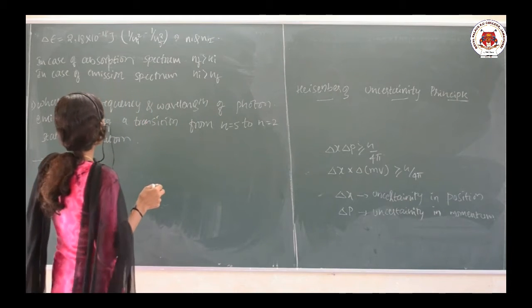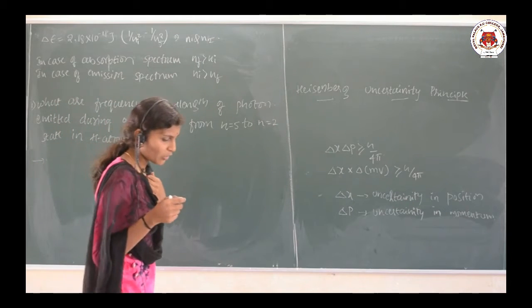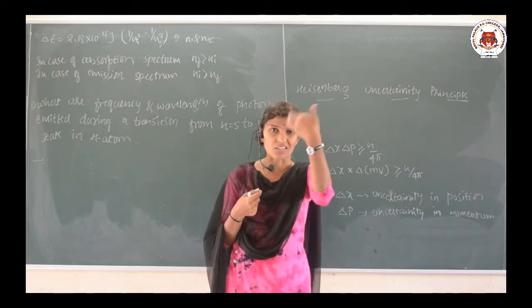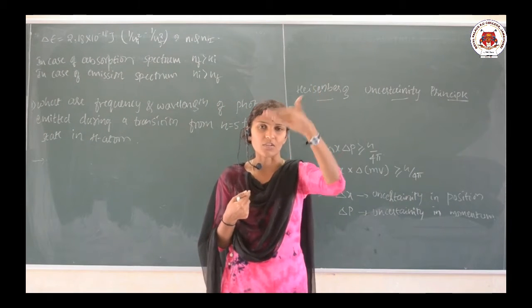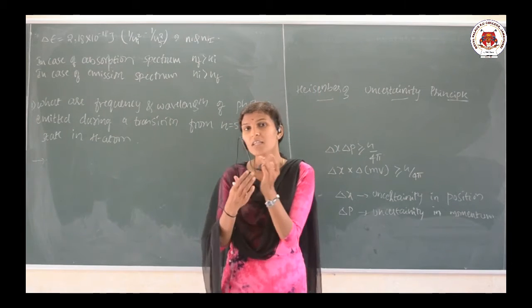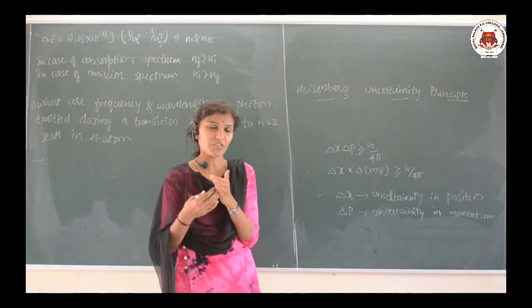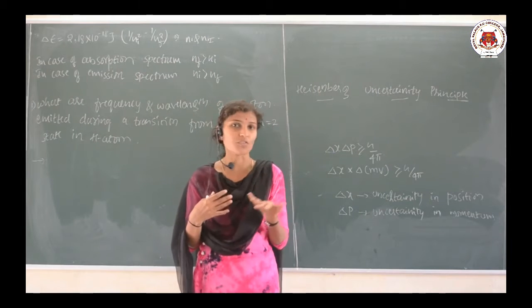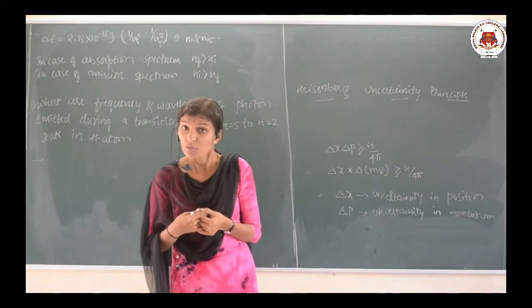So already you know, according to the line spectrum of hydrogen, we calculated the energy, and the transition occurs from a higher energy level to a lower energy level, and there are different series like Lyman, Balmer, Paschen, Brackett, Pfund.